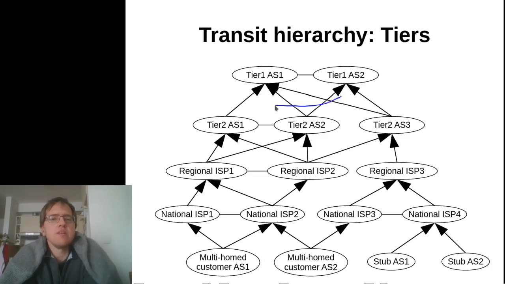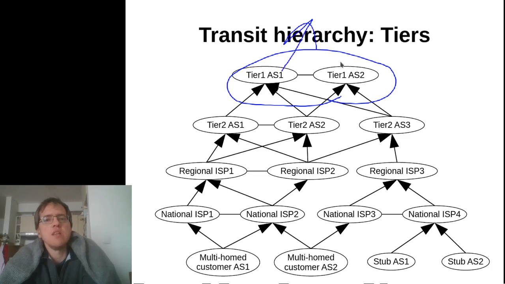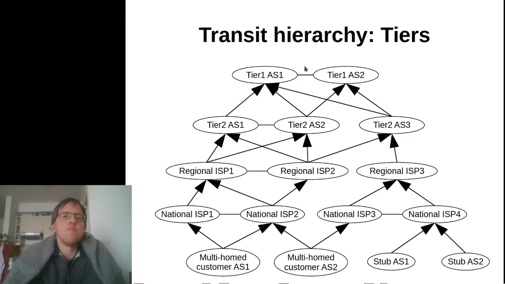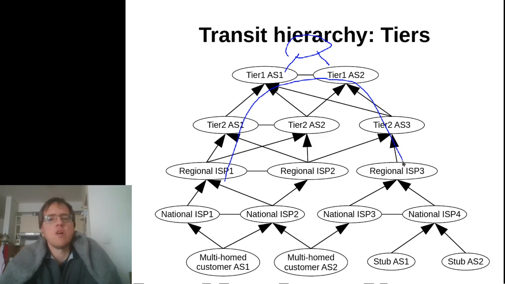Again, at the highest layer, we have tier 1s. A tier 1 does not have any transit link at all. They must have a full peer mesh between one another, and any two ASs connected to the internet are in some way or another also connected through these tier 1s, even though it might not be immediately important to actually use this connectivity to exchange traffic, because there can be shortcuts.